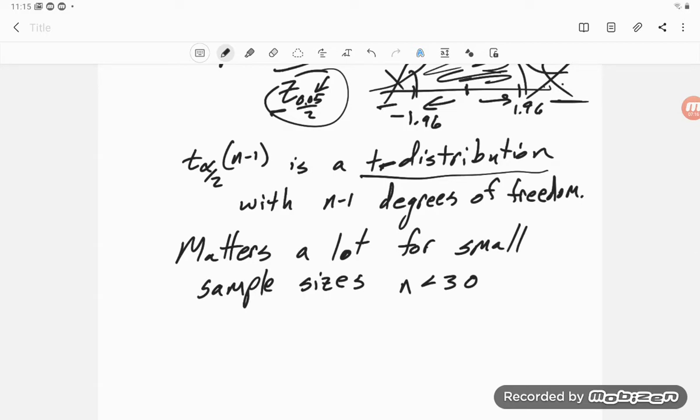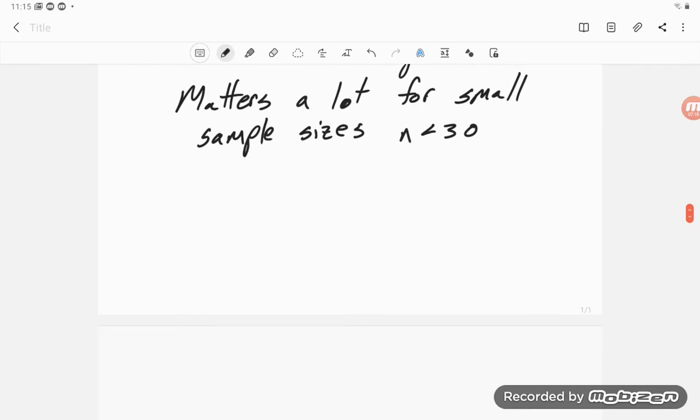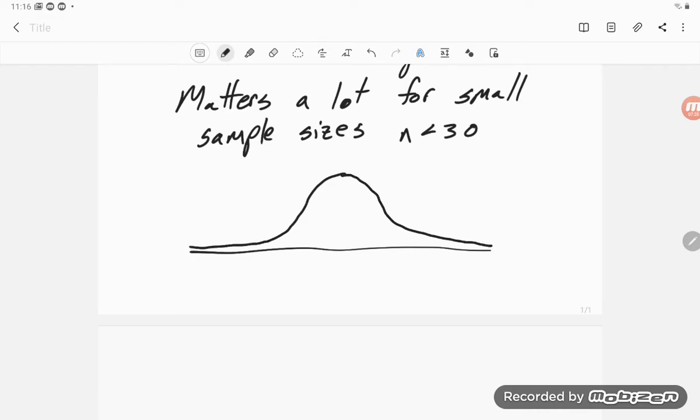Now, why? What's the difference? Well, if I start with a normal distribution that looks kind of like that, this is normal, then a given t distribution, depending on the degrees of freedom, will be shorter and wider. Okay, so here's a t. That's a t distribution. It is shorter and wider.